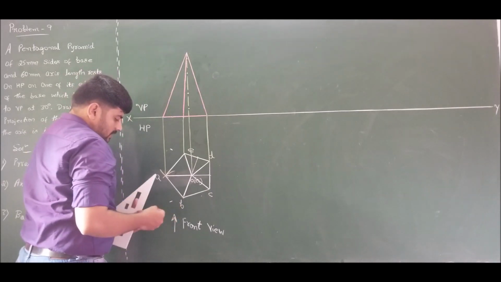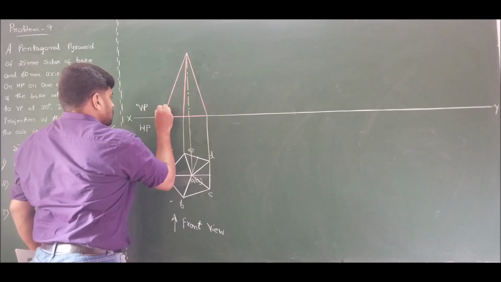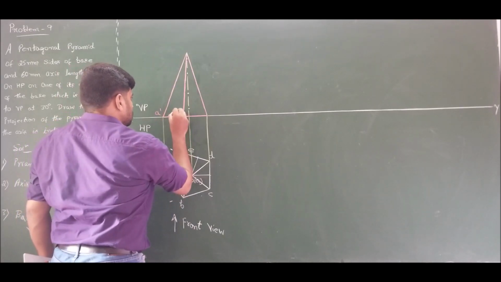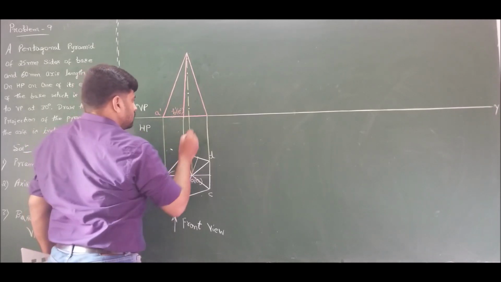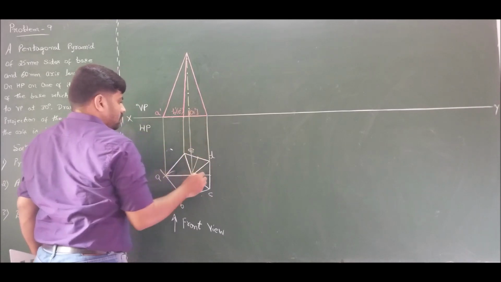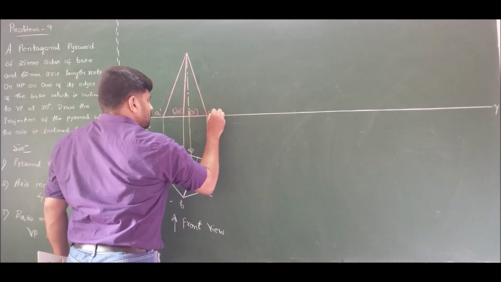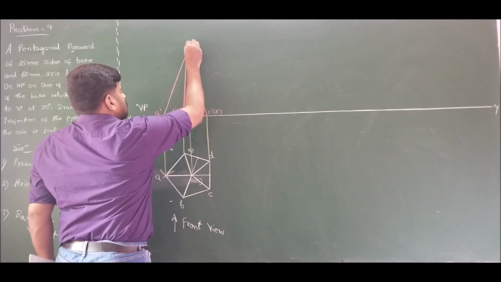So if I mark the respective corners in the front view, I will get A prime, B prime is visible, E prime is invisible. Here I have O1 prime, which is always invisible, and we have C prime and invisible D prime. At the top we have O prime.